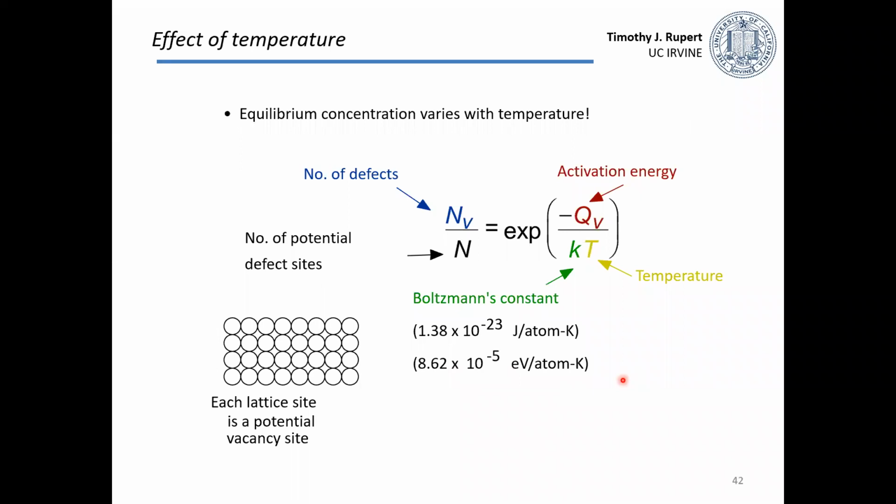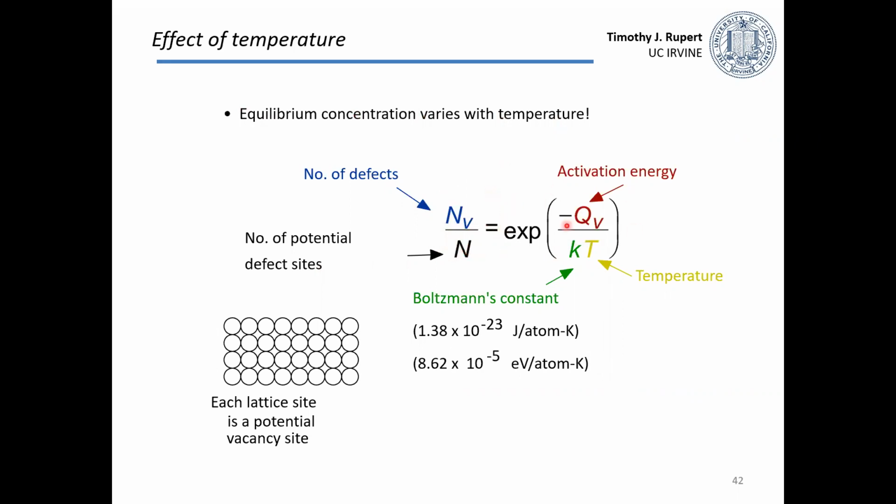We can actually describe this with something called an Arrhenius equation that we'll see many, many times in this class. Okay, so this is describing how the equilibrium concentration of vacancies changes with temperature. On the left side is a fraction, which is the number of defects divided by the number of potential defect sites. So what fraction of my material is vacancies?